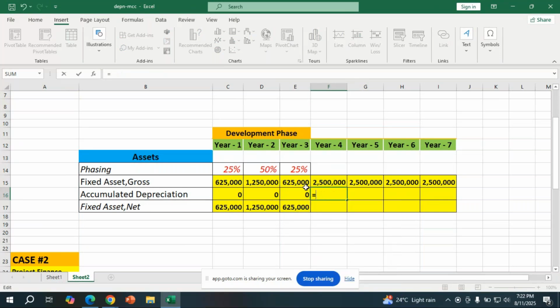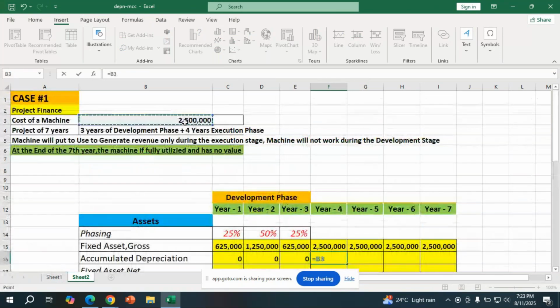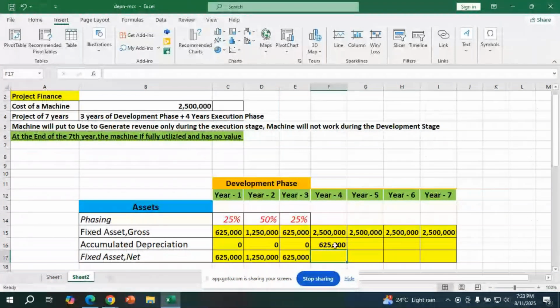So calculate how much is supposed to be equal to 6 lakh 25,000. I'll repeat it again.